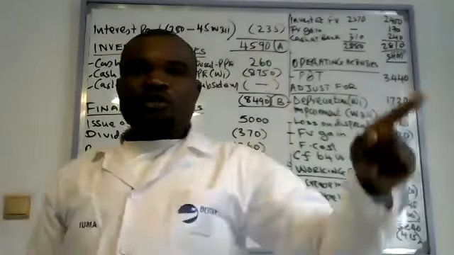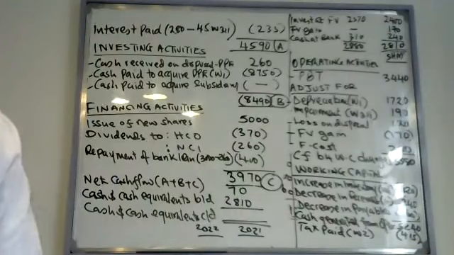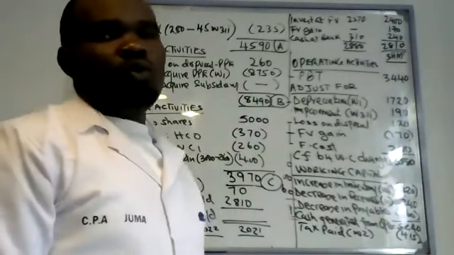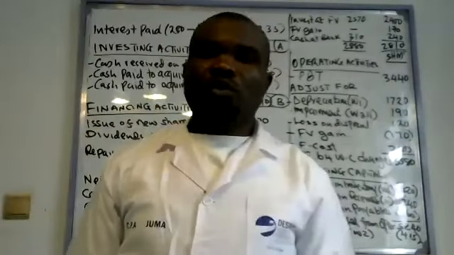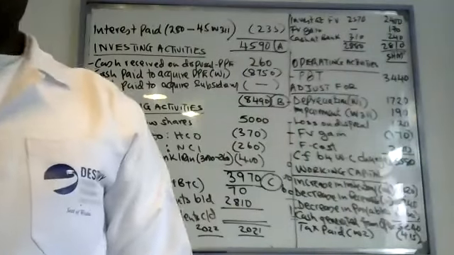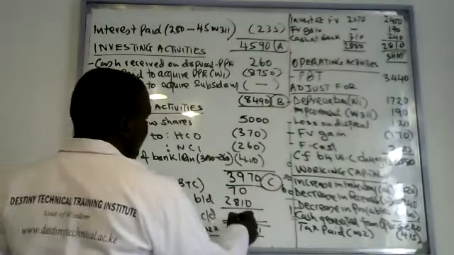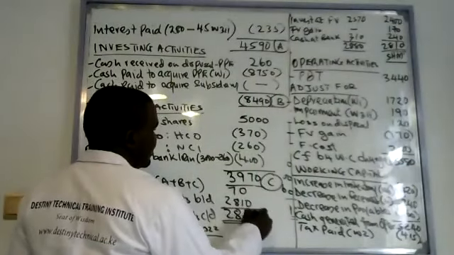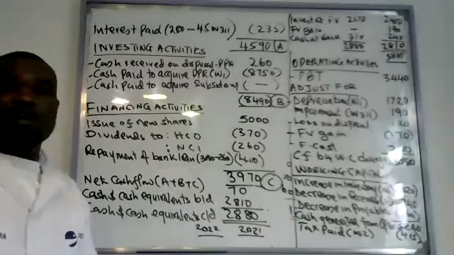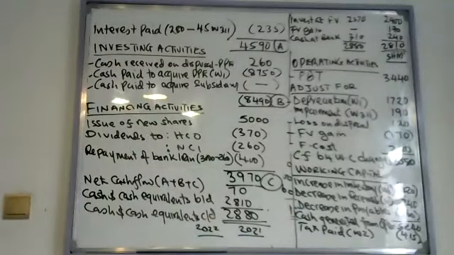That is how we reconcile cash flow. Yes, you get your carried down, 2880. It has perfectly reconciled. So that is how we do cash flow.